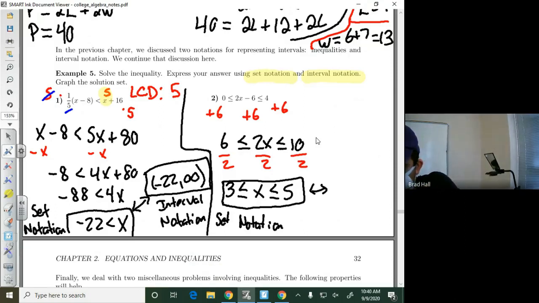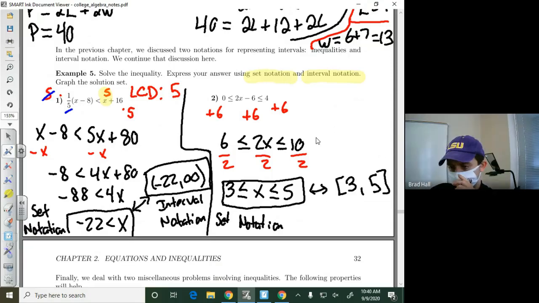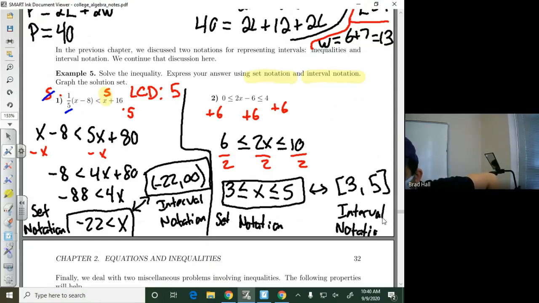And in interval notation, this would be 3 with a bracket, because there's an equal to, and 5 with a bracket, because there's an equal to. So if you didn't have the equal to part, you would use parentheses for that corresponding number.